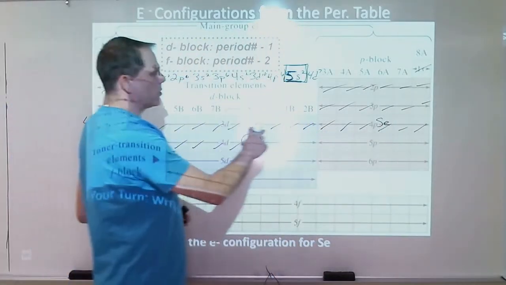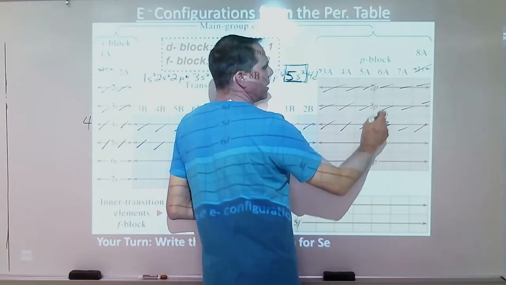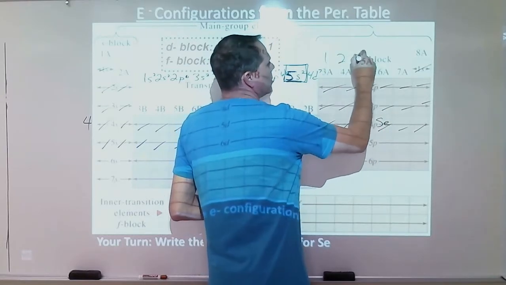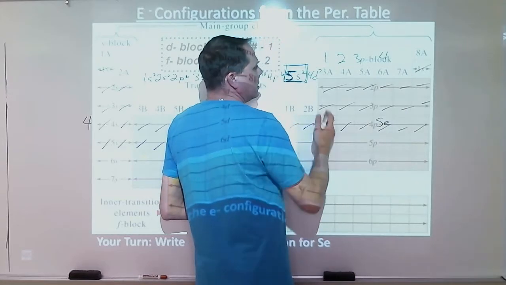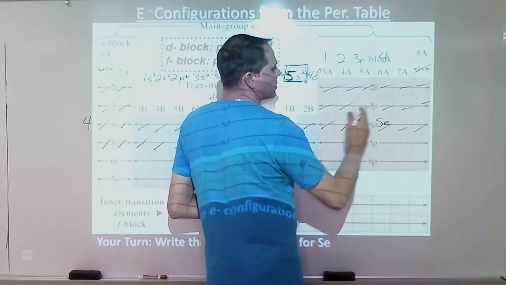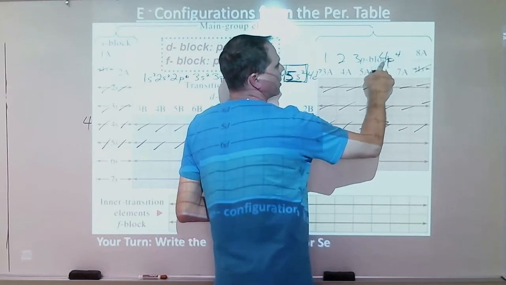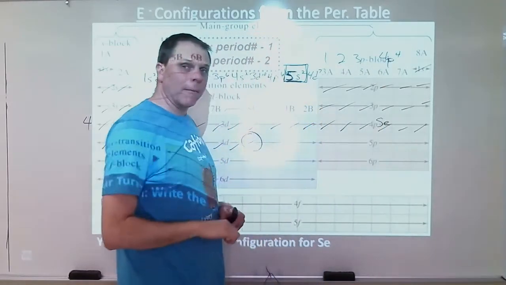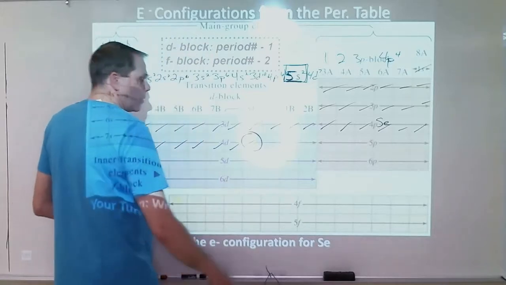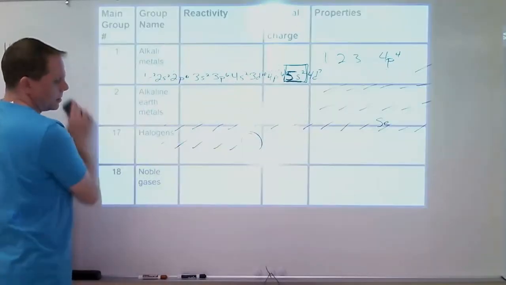On this period, it's the 4th period, and it's in the P sublevel, and then it is 1, 2, 3, 4 spots over. Okay, and so I'm going to say, oh, well, it's 4 spots over in the P sublevel, so it's 4p4. 4th energy level, P sublevel, 4 spots over. That's what that's all about. Okay? Cool, huh? All right.